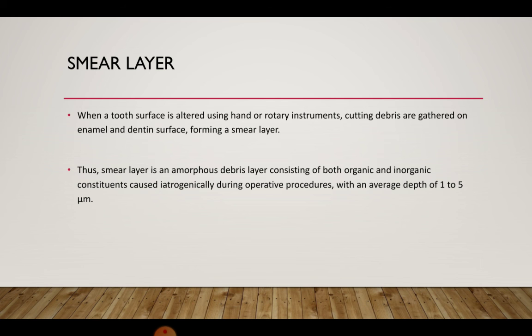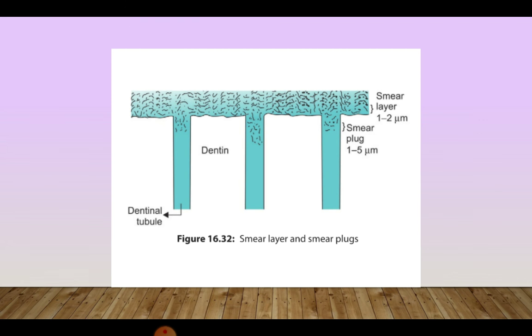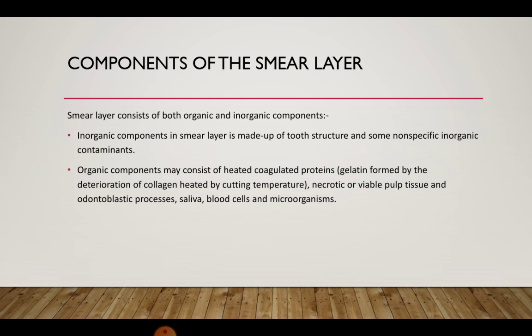It has an average depth of 1 to 5 micrometer. Here you can see smear layer and smear plugs, and the depth of the smear layer, which can be up to 5 micrometer.